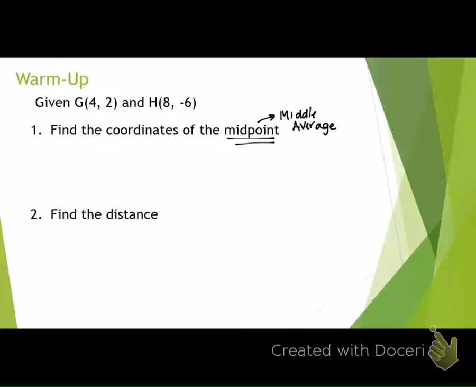Corey, how can I find the midpoint of the x's then for this one? We're using this point here. G is 4, 2, and H is 8, negative 6. So what would we do for the x's? What are your x's first? 4 and 8. So what are we going to do with 4 and 8 to find the middle? I would subtract.